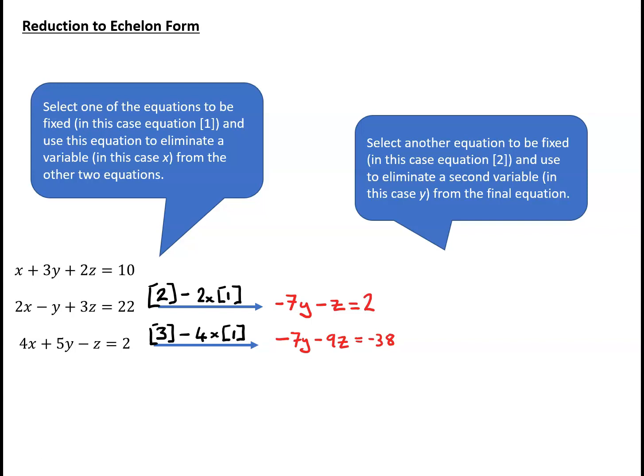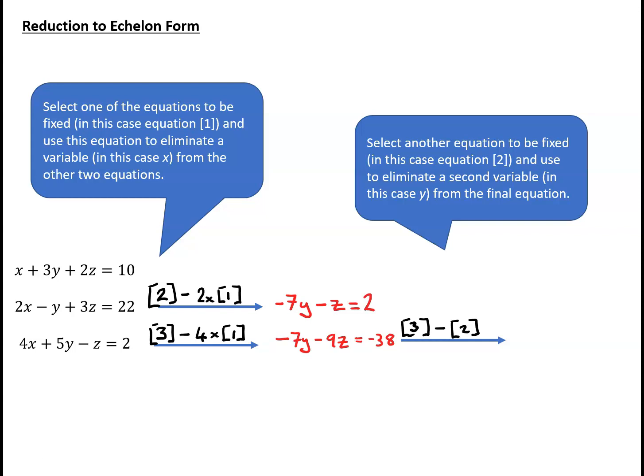I'm going to choose y in this case, simply because I've got the same number of y's in my new equation 2 and my new equation 3. So all I need to do to eliminate y from equation 3 is to take my new equation 3 and subtract my new equation 2.